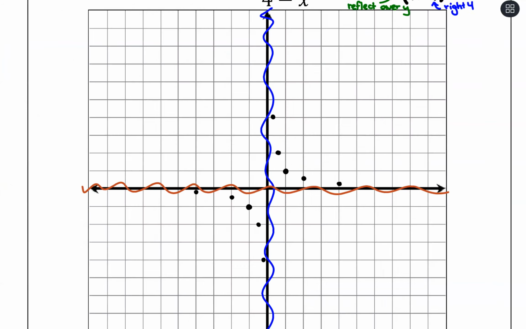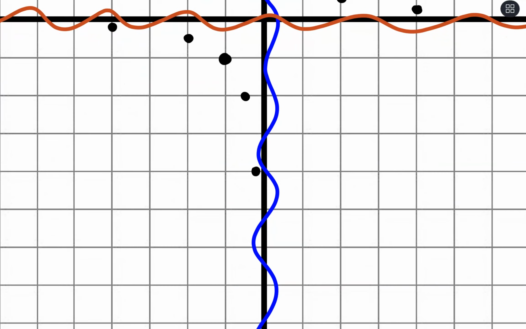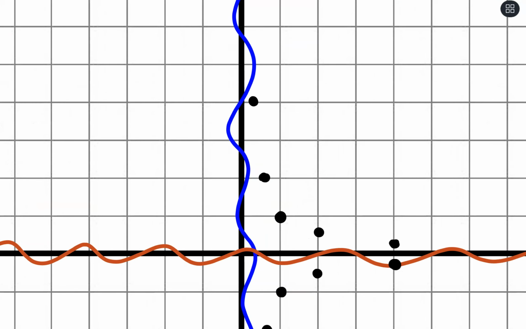So reflecting over y, what I have on the left-hand side here is going to move to the right-hand side. So moving those points over. And then what I had on the right-hand side is now going to be on the left-hand side. And get rid of those.